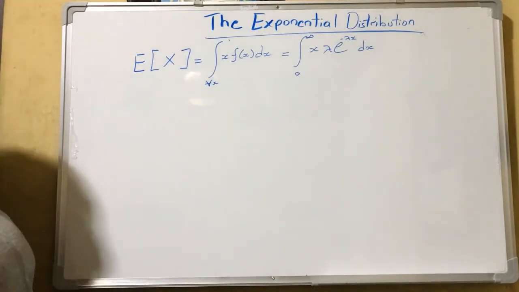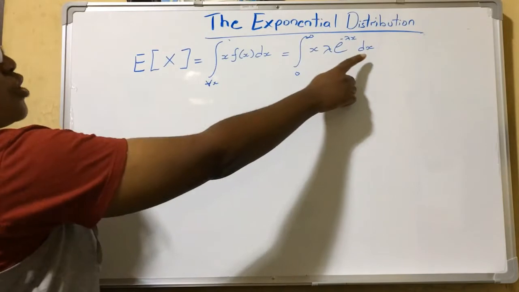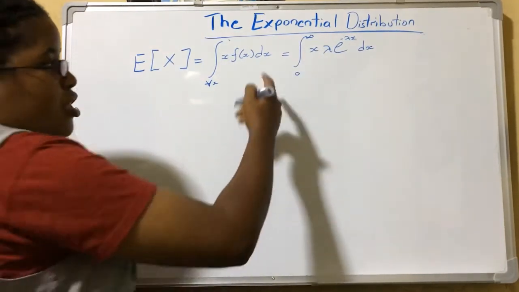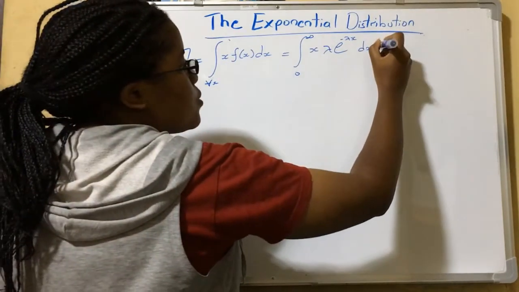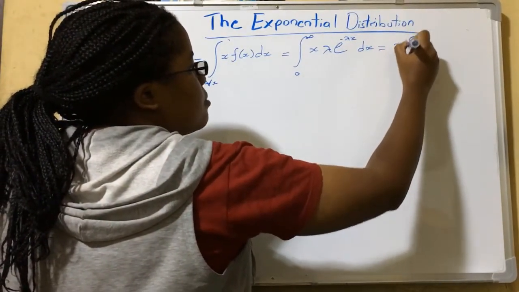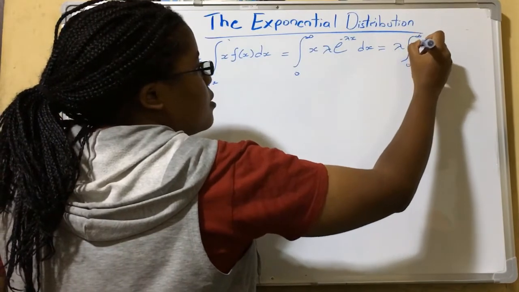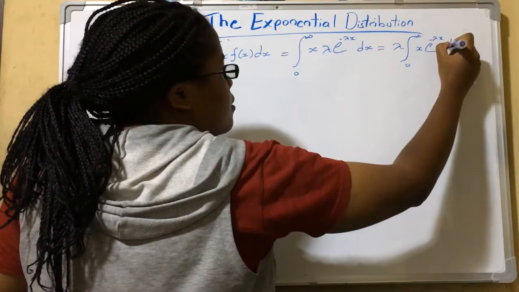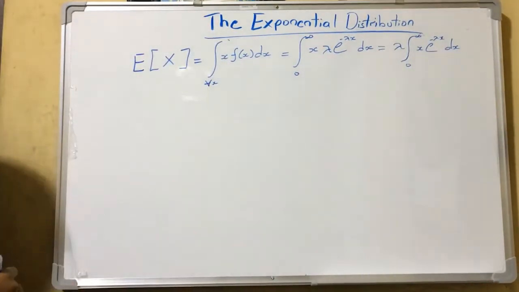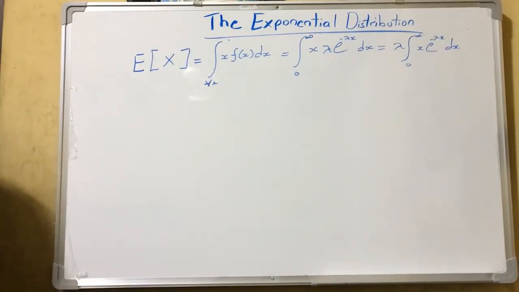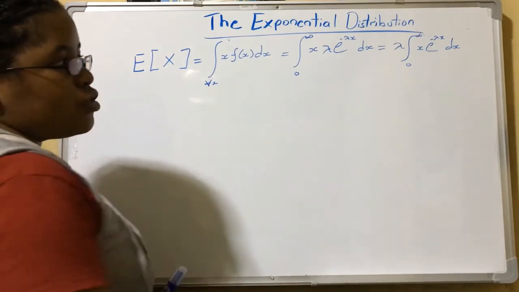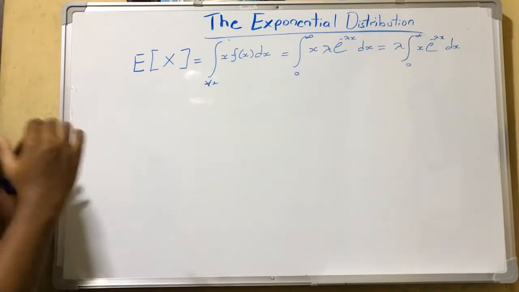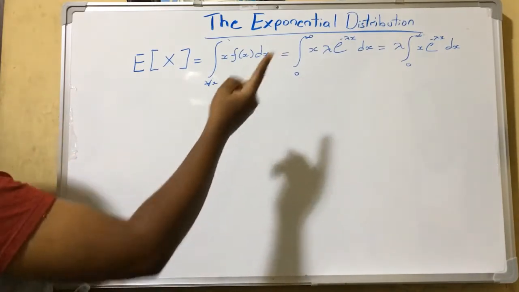The first thing we note from our integral is that we are integrating with respect to x, and therefore we have a constant that we can remove from within the integral. This means that our expression can be expressed as lambda times the integral of x times exponential raised to negative lambda x, from the limits of 0 to infinity.